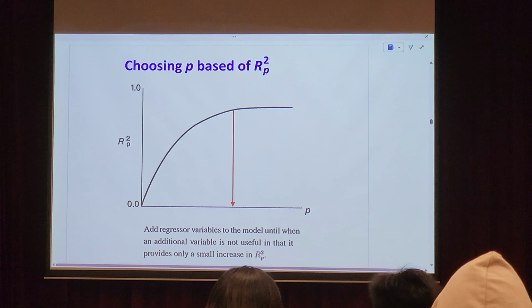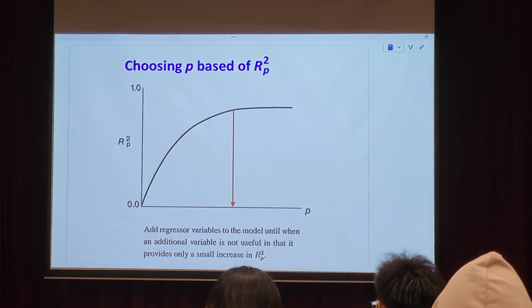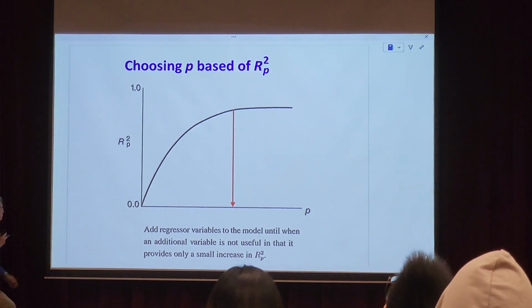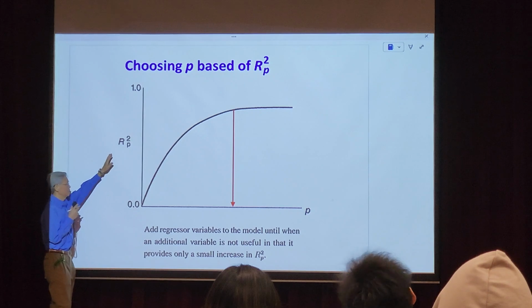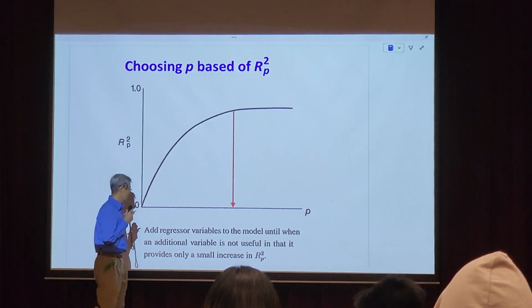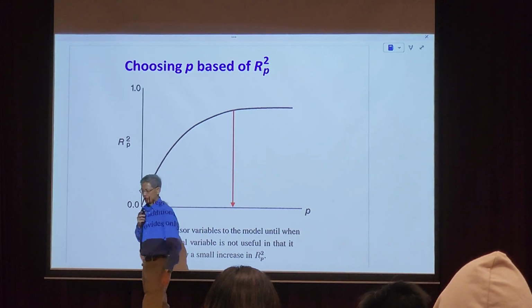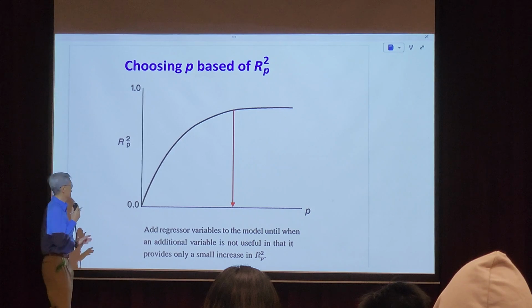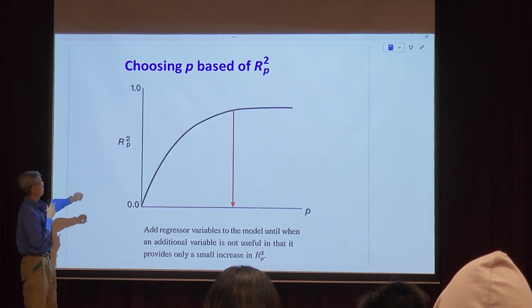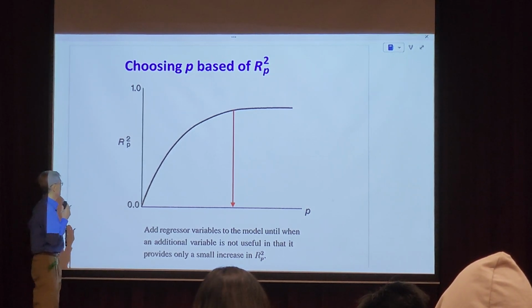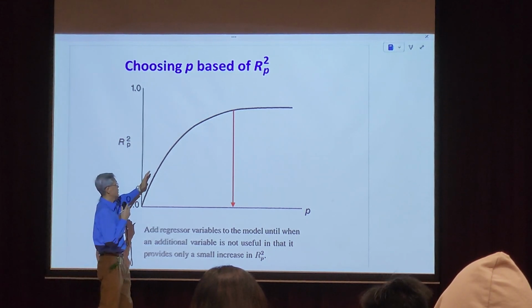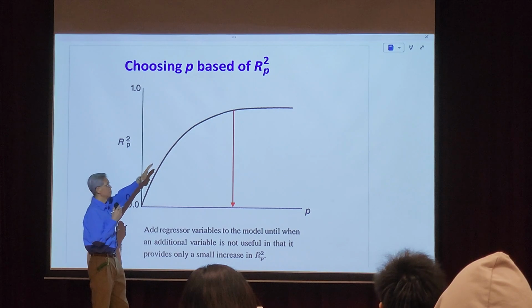So here is a graph where I show you the relationship between the R squared and the number of regressor variables P. If you increase the number of regressor variables, R squared will go up.